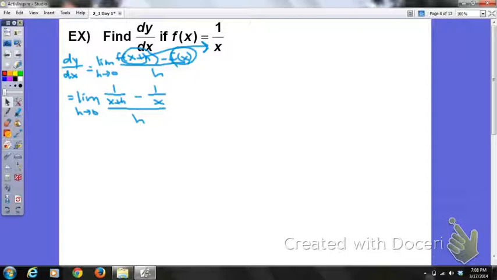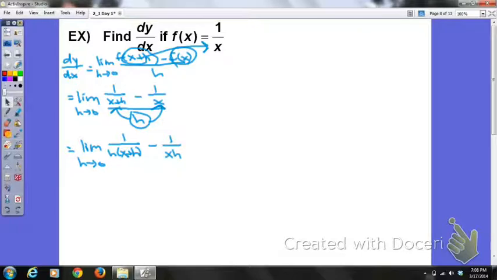Now, if both of those fractions in the numerator are being divided by h, we can take the h and put it into both of the denominators. So let's rewrite that as the limit as h approaches 0 of 1 over h times the quantity 1 over x plus h minus 1 over x.